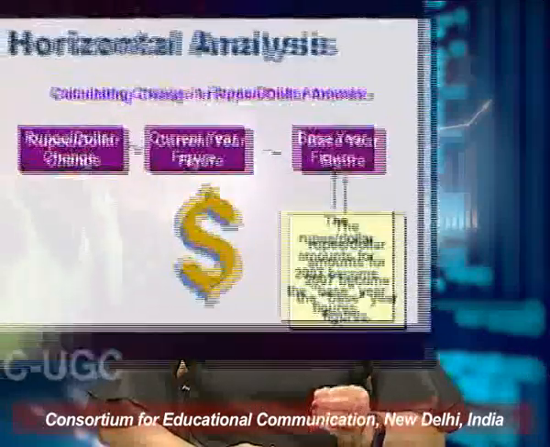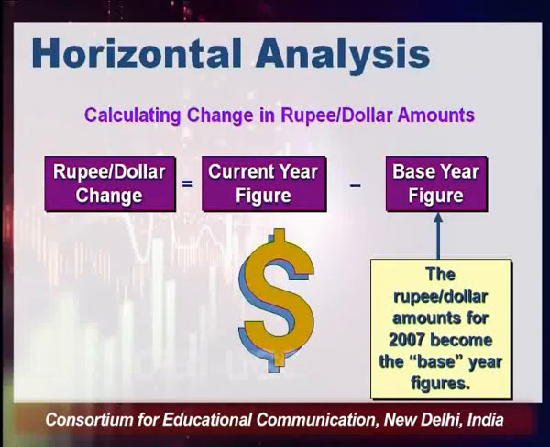If you look at the slide, it clearly shows that the rupee or dollar change is equal to the current year's figures minus the base year figures. The base year is my previous year in this formula. The previous year data set is subtracted from the current year, and the difference is expressed as an absolute amount, which could be rupees or dollars.